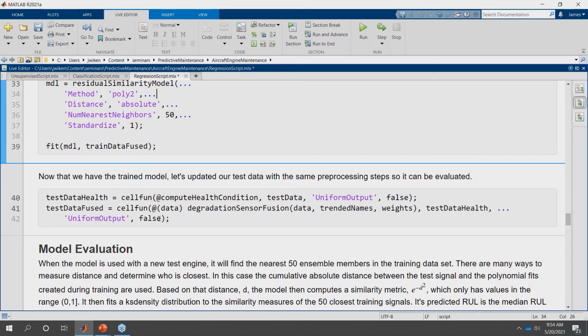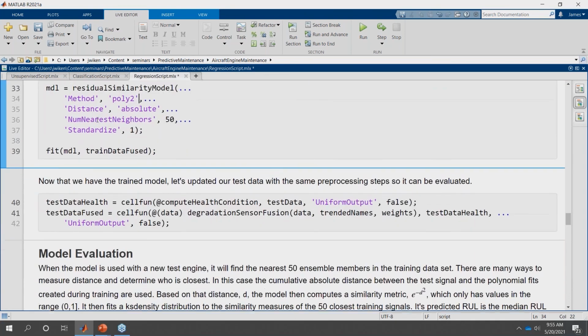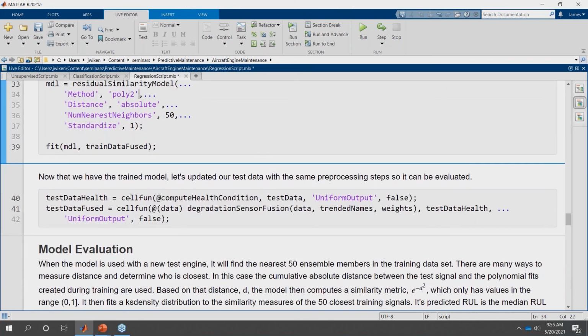Now you might be thinking, carrying these entire time series along would be very heavy, because we're storing all that data, and as we get to larger and larger data, that becomes very difficult to do. What this actually does is store a parameterized curve fit of those curves. In this case, we're saying it's a second order polynomial. We're just storing those parameters in the model to keep it at a manageable size.